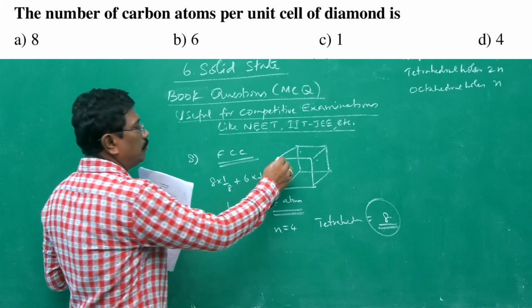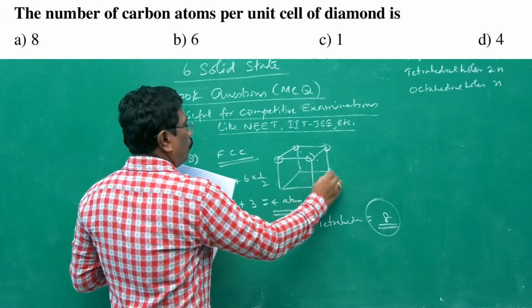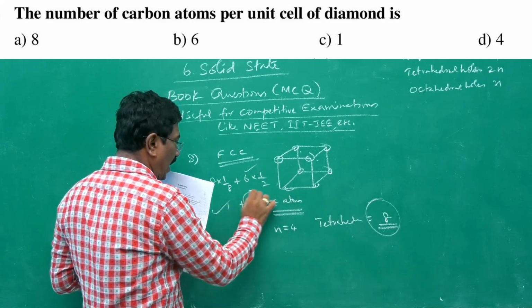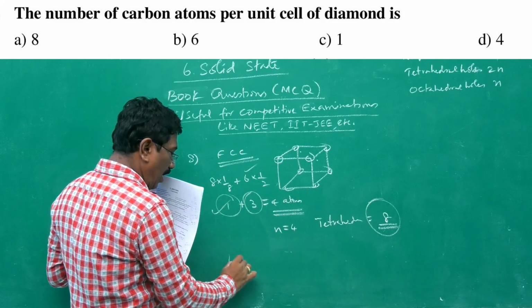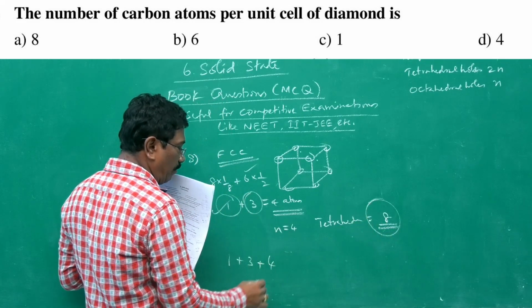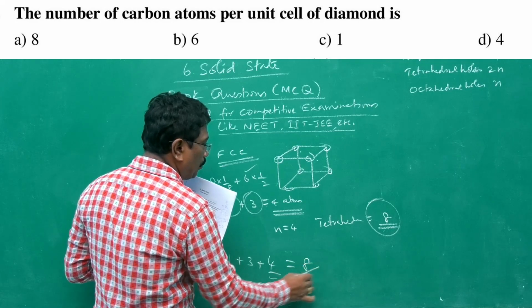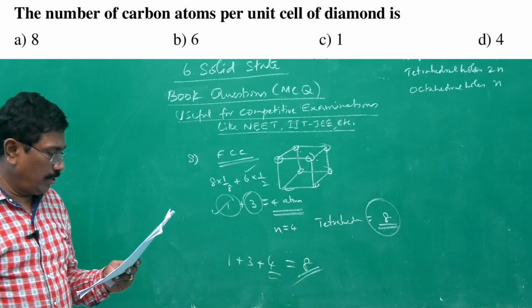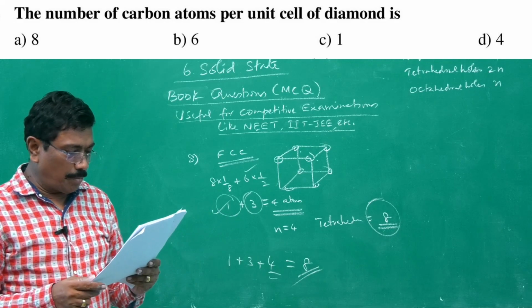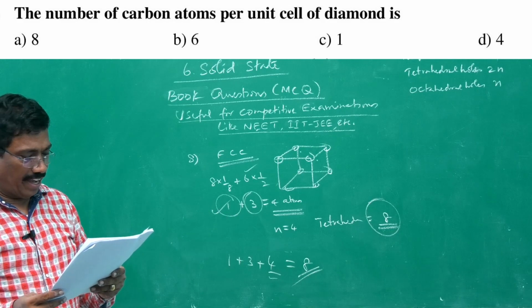So 1 atom due to the 8 corner atoms, 3 due to the face centered atoms, and along with that 4 due to the 50% of tetrahedral holes occupied. So the total number of atoms present in the FCC unit cell of diamond is 8. So the number of carbon atoms per unit cell of diamond is 8.